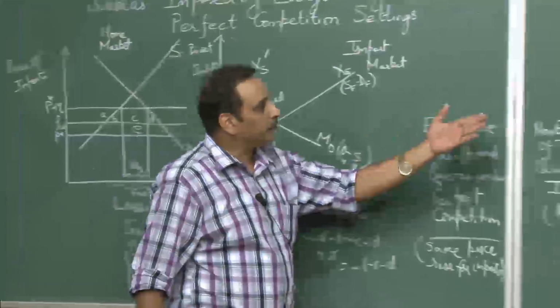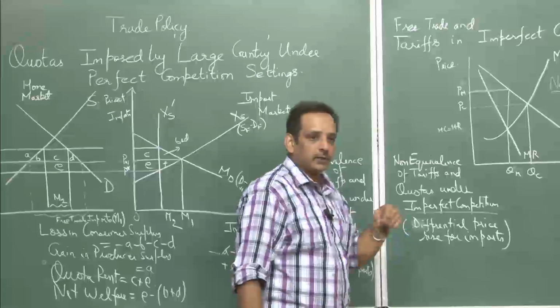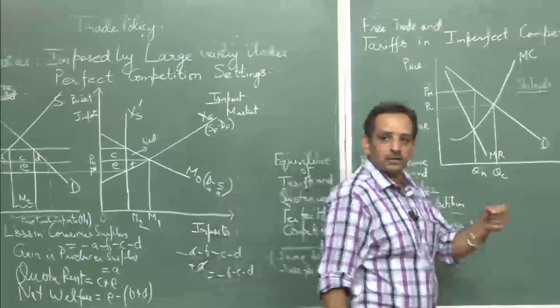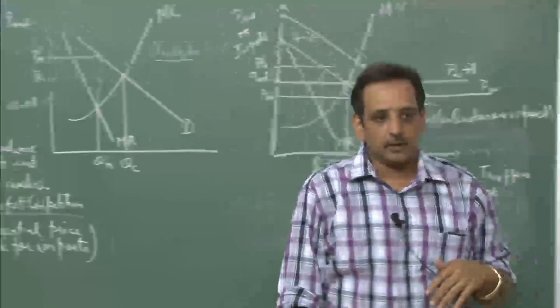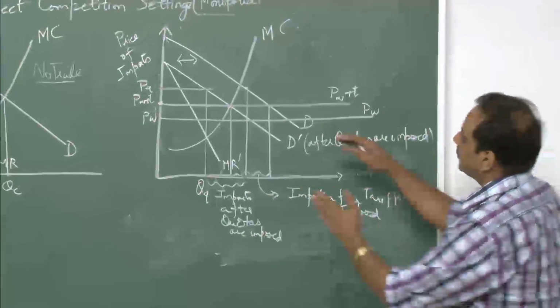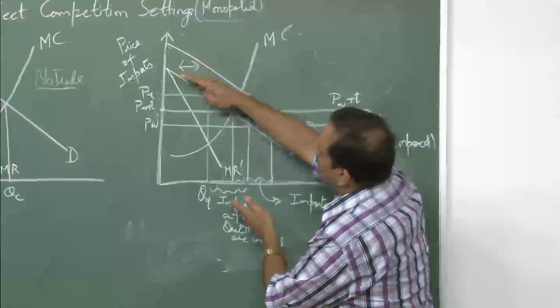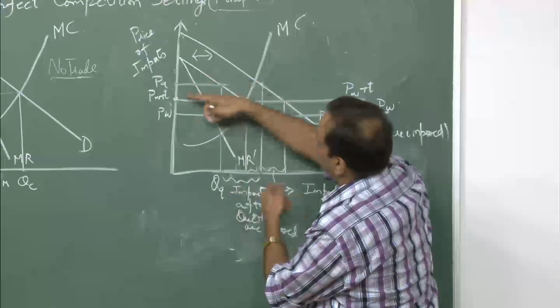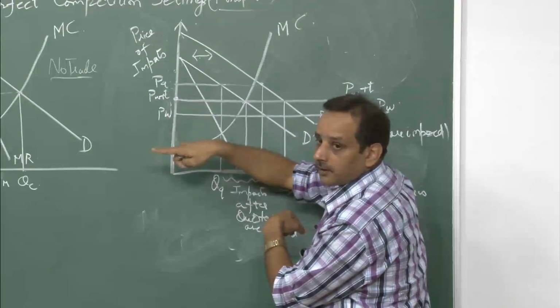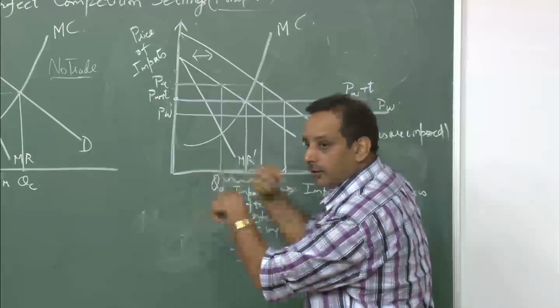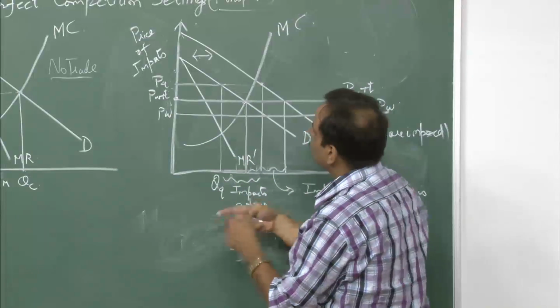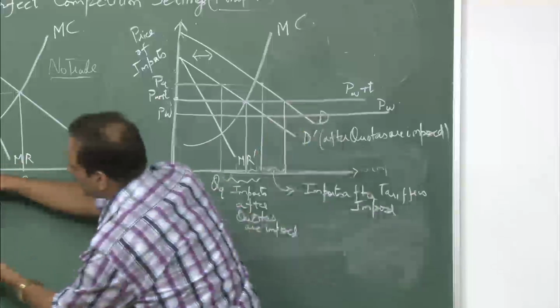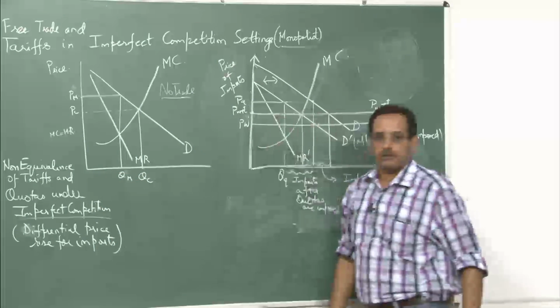But under imperfect competition settings, a monopolist can charge a higher price, because once he knows that the imports have come in through the quotas, then he can charge a higher price, because no consumer can undercut him, because the imports have already taken place. So this shows the non-equivalence of tariffs and quotas under imperfect competition.